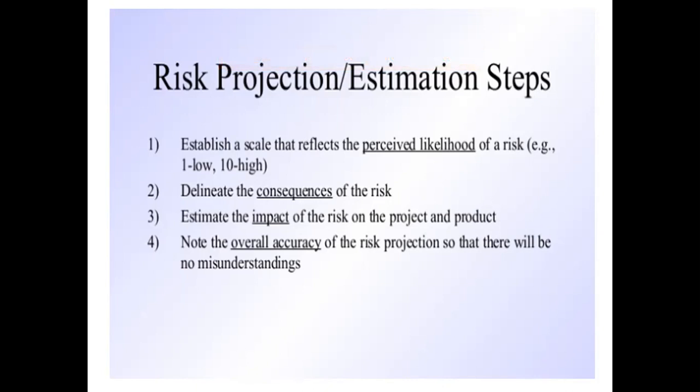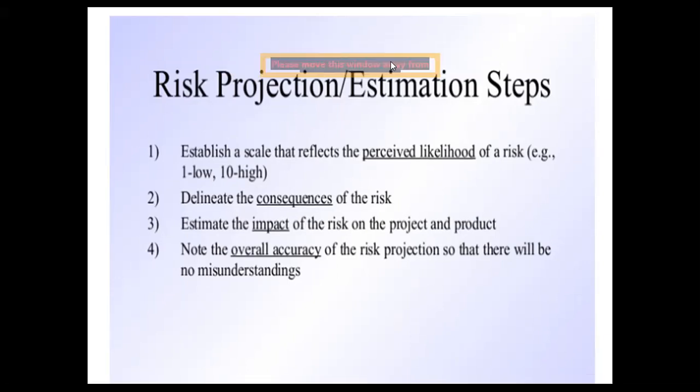The risk increases from the first point to 10 points: low, then a little bit high, again a little bit high, and so on. At point 10 you can see high. So this is called the scale, and this scale is used for the projection, or estimation, purpose.